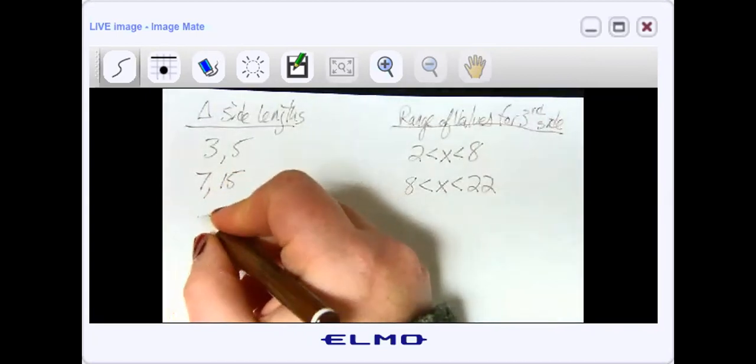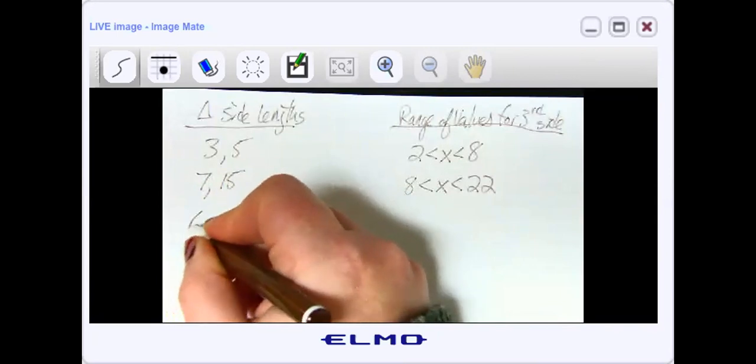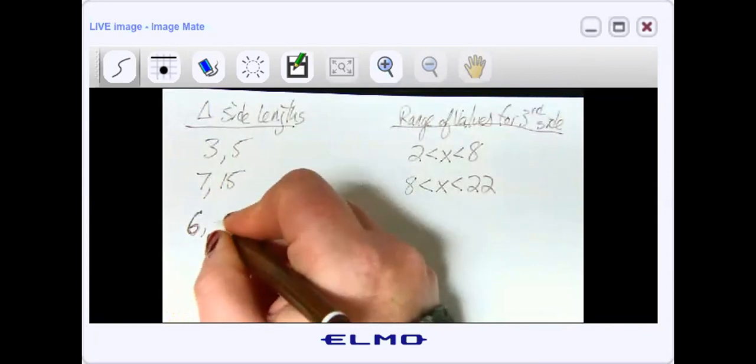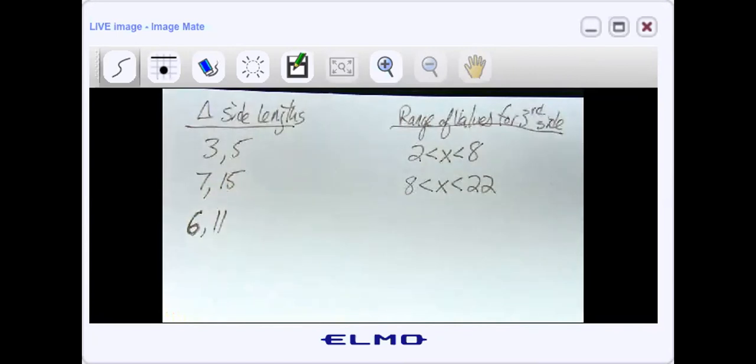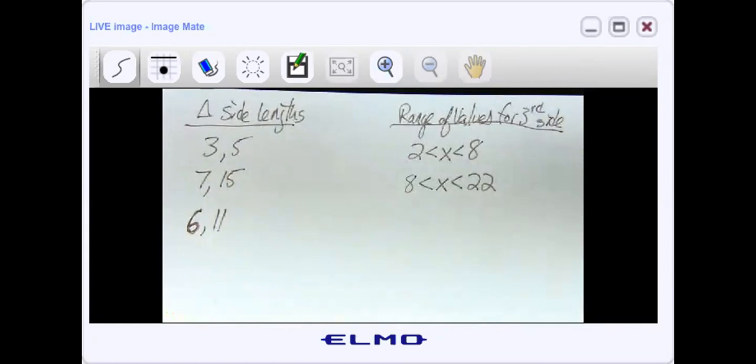What if I had side lengths of, I don't know, 6 and 11? Okay, everybody go ahead and get your range. Don't say anything out loud. Just get your range. Everybody write it down. I'm going to call on you at random, so make sure you're ready.